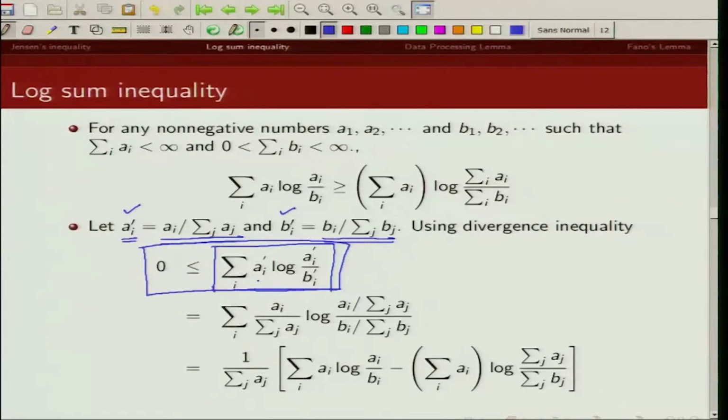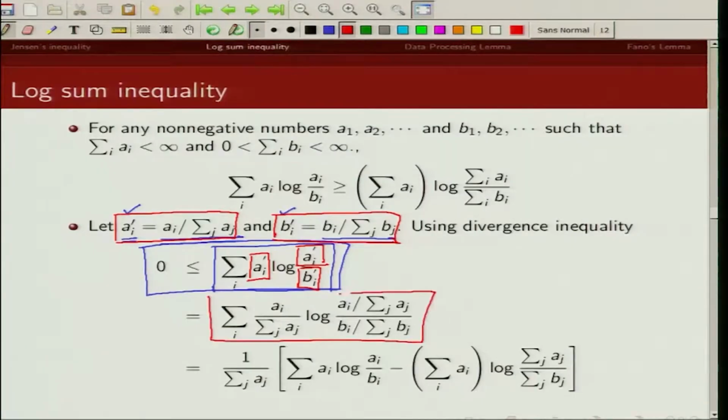Now let us replace ai dash and bi dash in this expression. So ai dash is given by this and bi dash is given by this. We plug in these values of ai dash and bi dash, and what we get is this expression. You can see this is my ai dash, this is my ai dash, and this is my bi dash. Now, further simplifying, I take the summation of ai off.